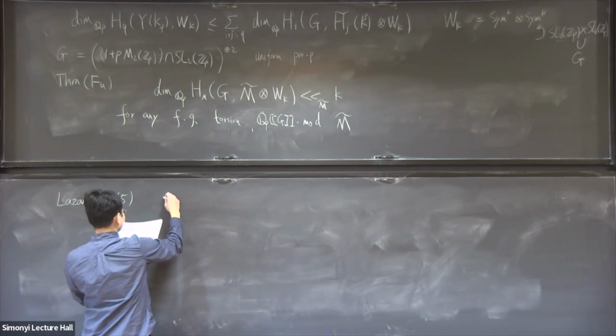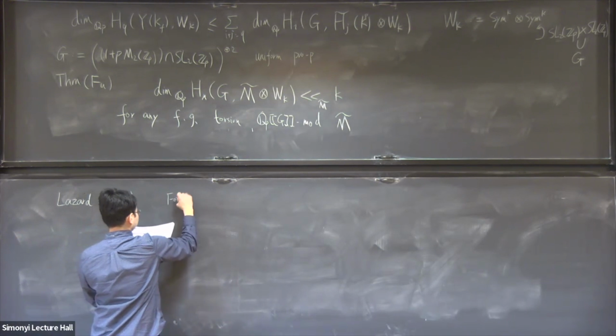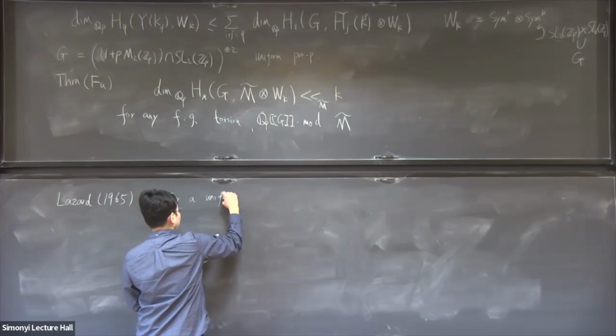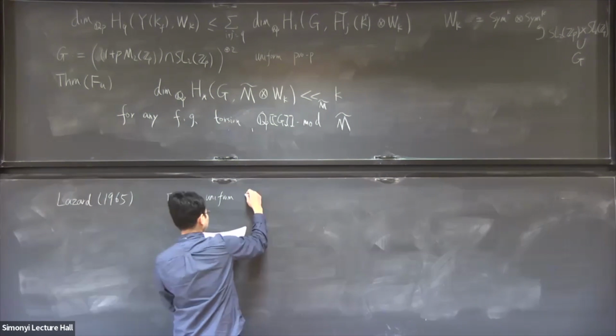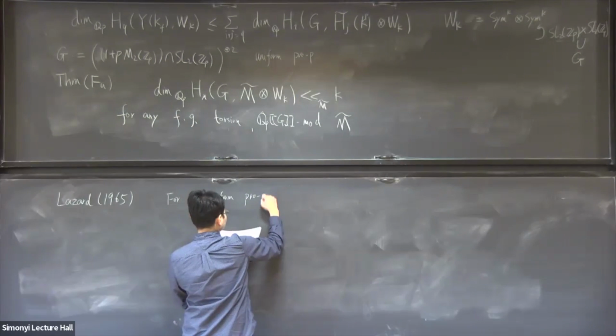Lazard associates, for a uniform p-group, a Z_p Lie algebra to it.